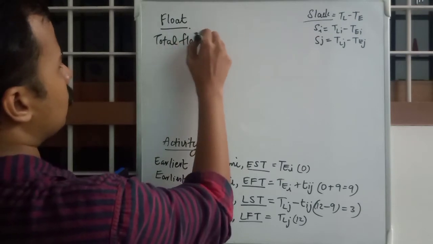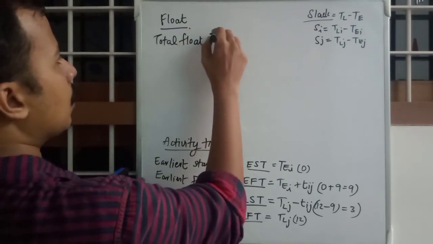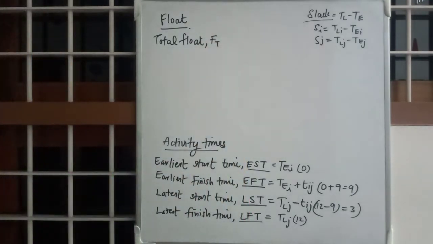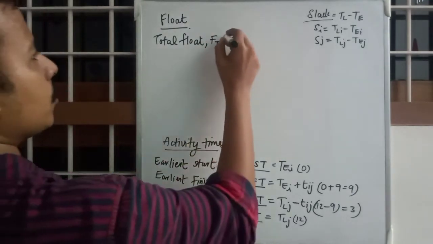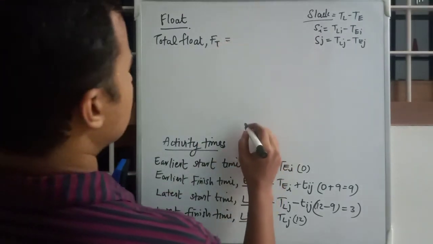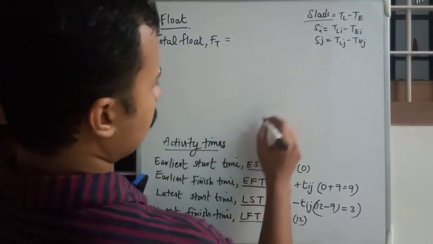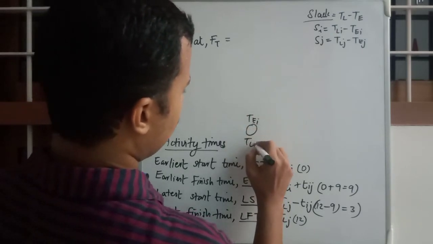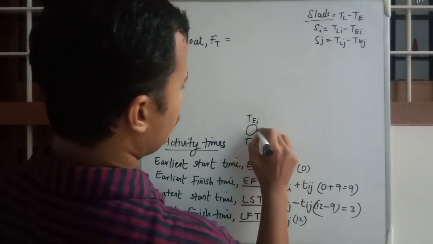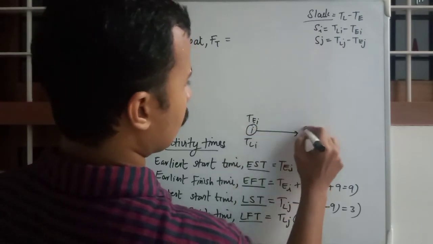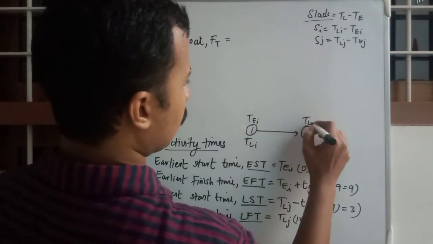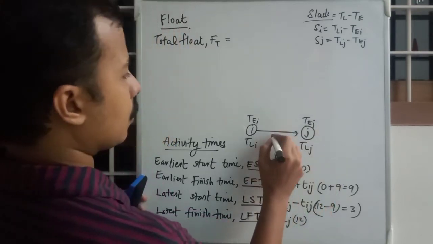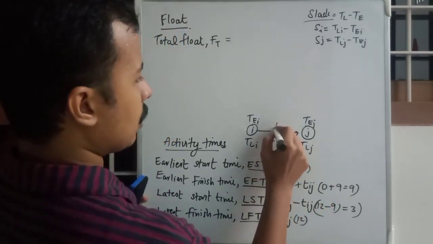total float, that is FT. Total float is equal to, again I will just draw it in here, TI, TLI, TJ, TLJ, TIJ.